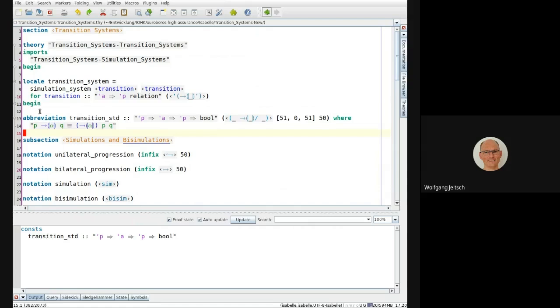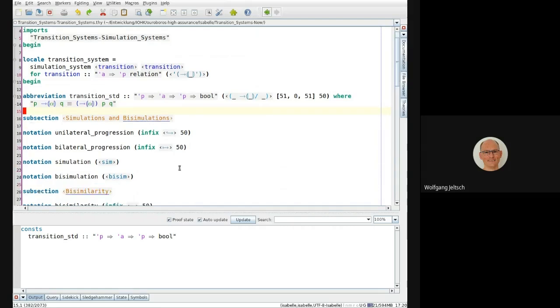And this is then just a proper infix notation that's defined in terms of the prefix notation. So we inherit everything from the simulation system development. However, we don't readily get the notations. You might get them inherited, I think, if your sublocale uses the same names for the parameters.